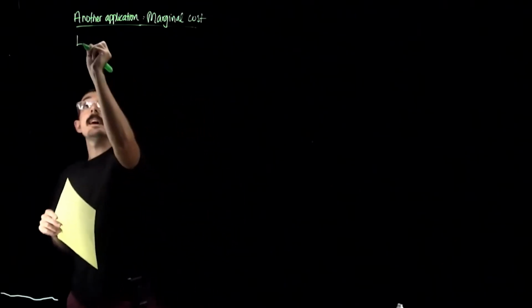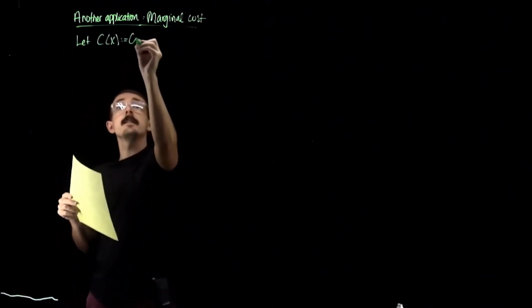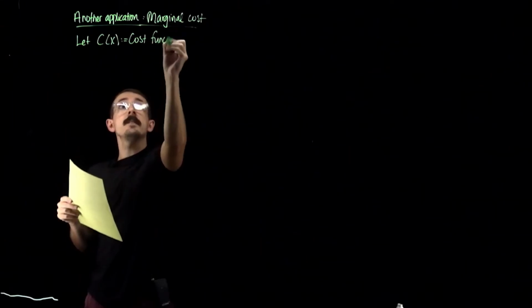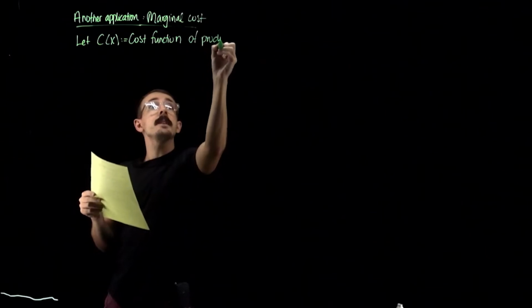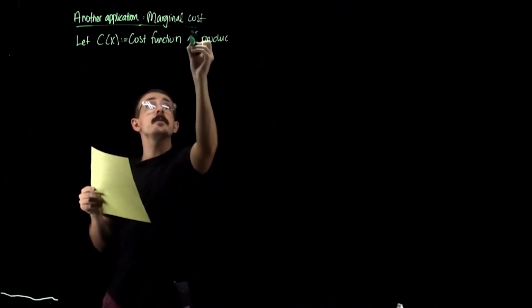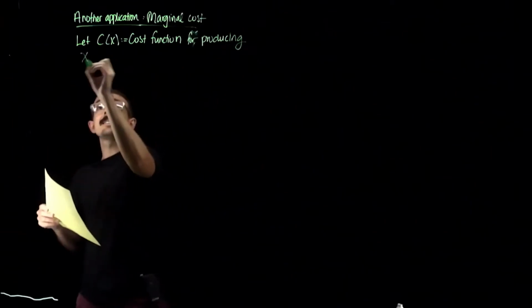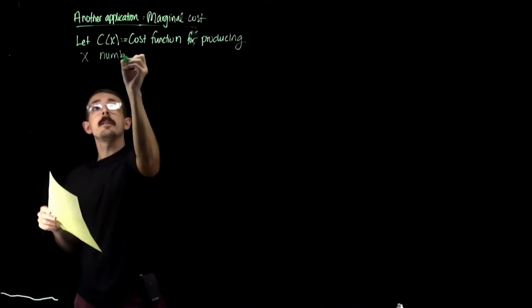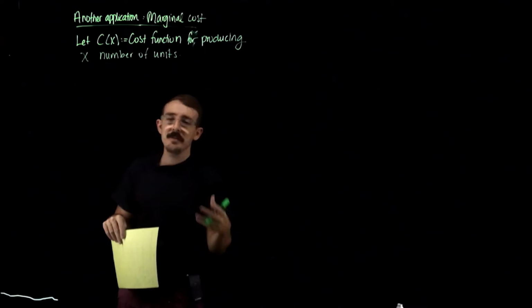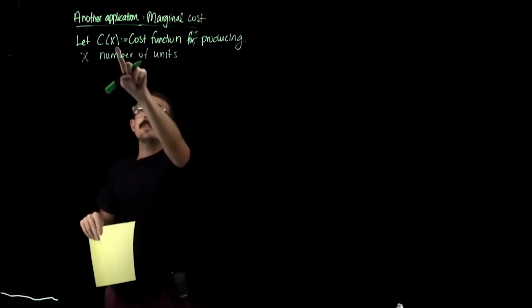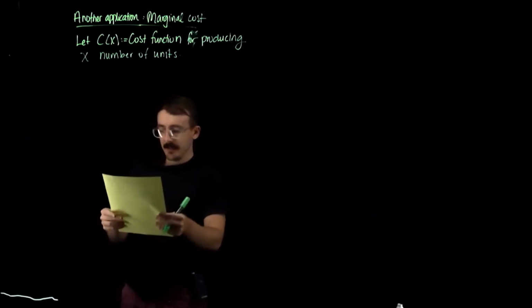So let c of x be defined as a cost function for producing x number of units. So a company wants to produce 50 objects. They would plug 50 into this function. It tells you how much it costs the company to actually produce 50 units.